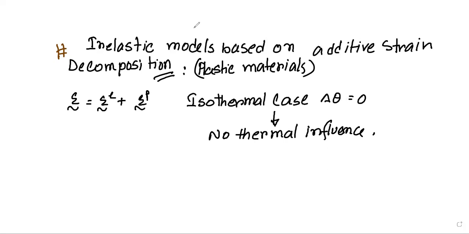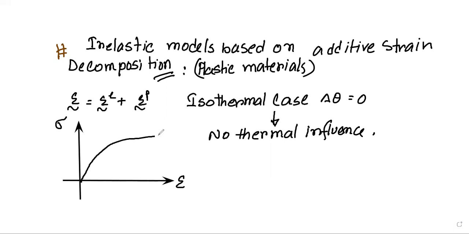To visualize what is an elastic and plastic strain, we need to draw a stress strain diagram. This is our stress and this is our strain. We load the material. The graph follows this path. When unloading, it follows this path.